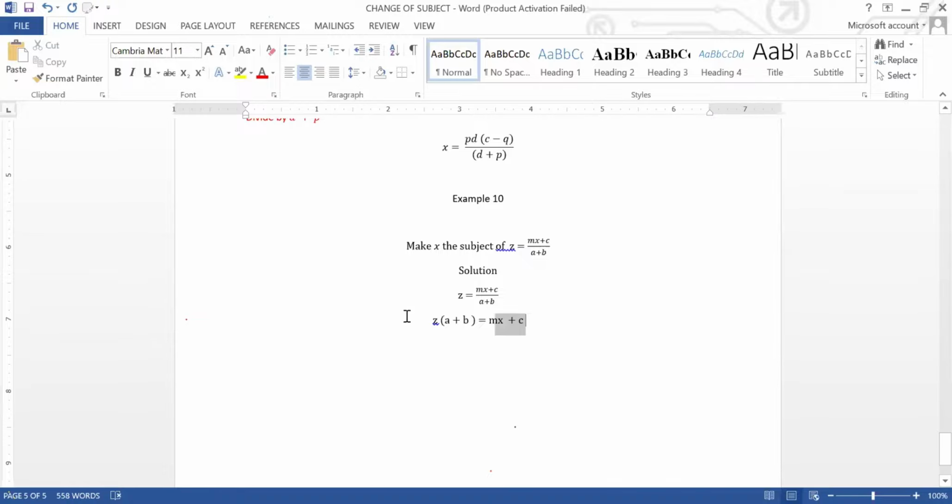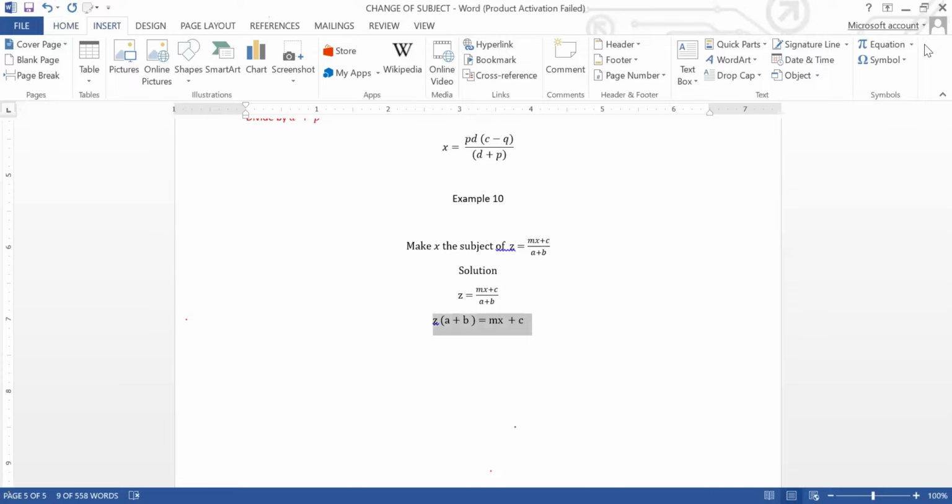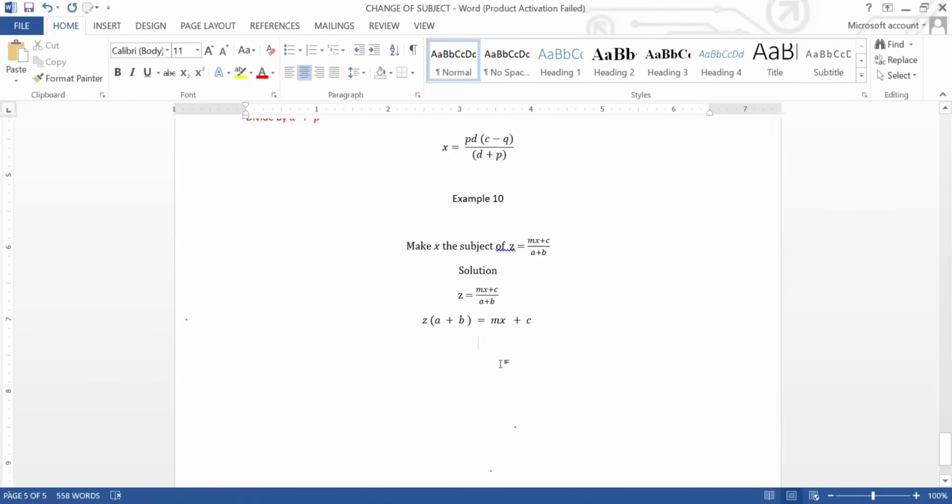So we have AZ plus BZ is equal to MX plus C. What I'm making the subject is X, right? So where there is a need to factor out, don't leave it.